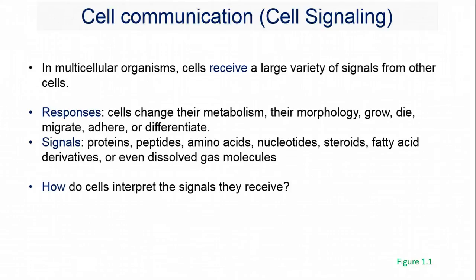They can be told to grow and divide, or even to die via apoptosis. They can also be told to migrate, which is moving, adhere to a surface, or actually differentiate into a different cell type. So in this lecture we're going to be talking about the different types of signals, the different types of receptors, and the signaling pathways that are most common in the cells.